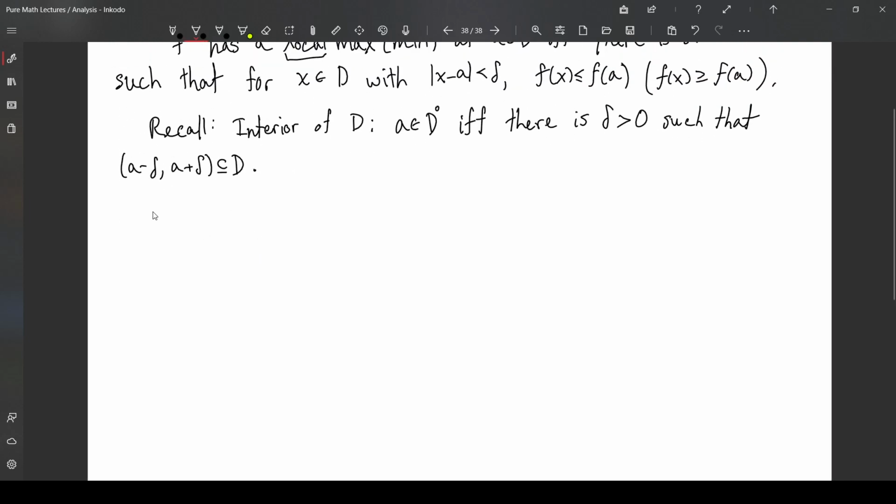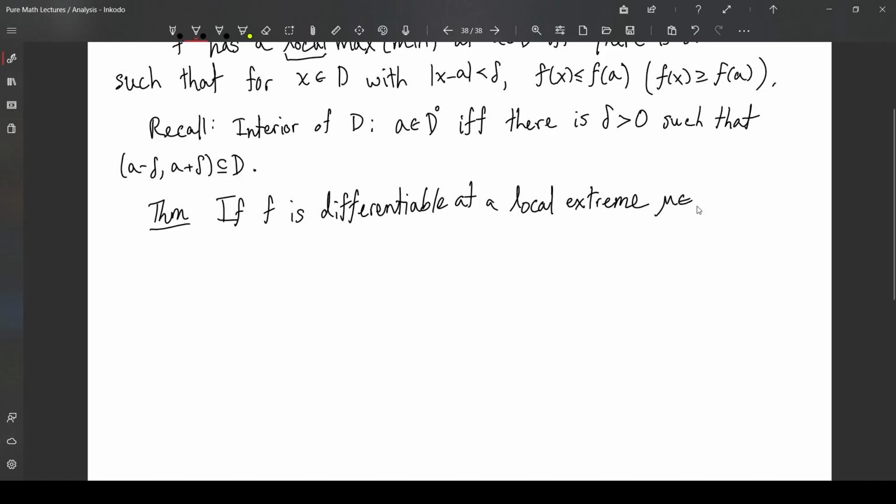Now we can get into the first result. This is going to say that if f is differentiable at a local extreme point, which we're going to denote by mu, and this point is also in the interior of the function's domain, then the derivative at that extreme point is 0.